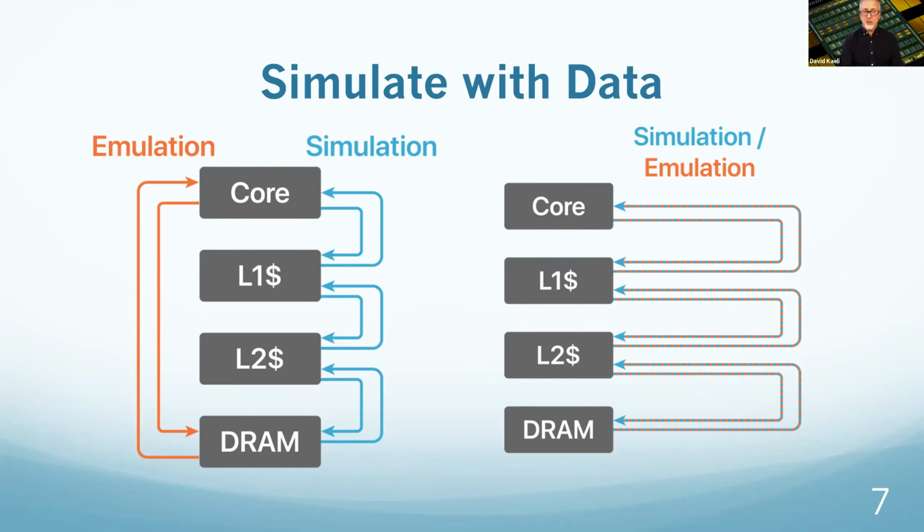You can do that without the data, and you can get all those interactions, as I show on the left. But we have a philosophy that it's key to simulate with real data. For things that are data dependent, the fidelity of your model will be much higher. Your ability to do validation will be much higher, because now you see if your simulator gets the same answer as the hardware, so you can do some nice back-to-back testing.